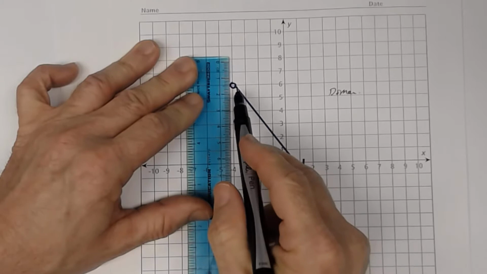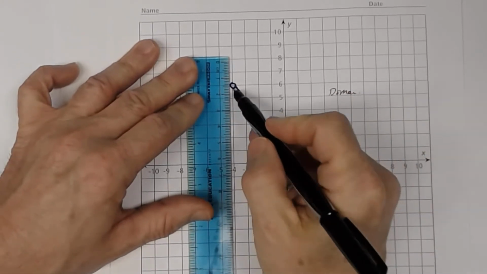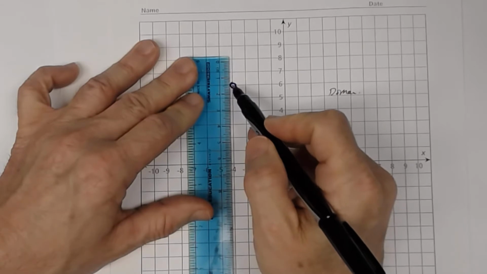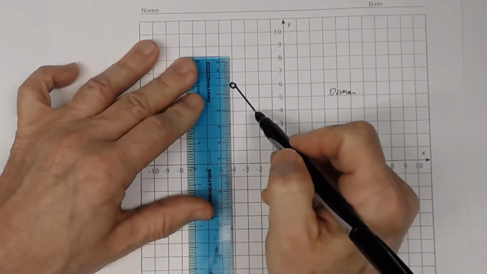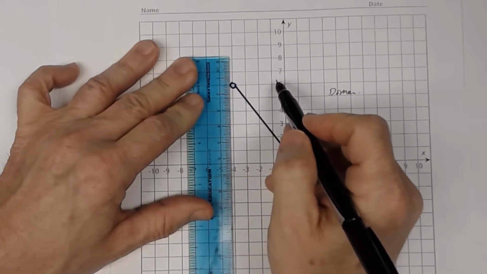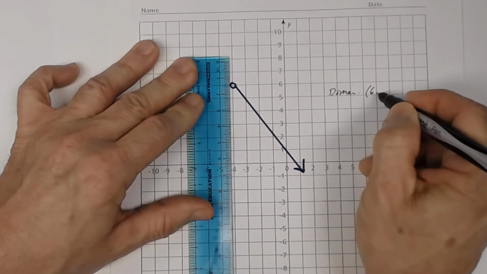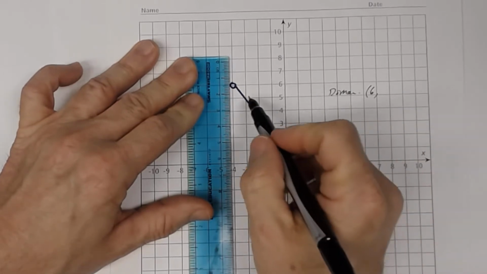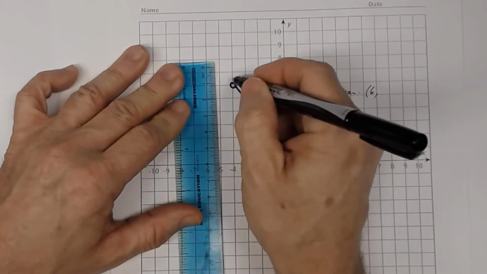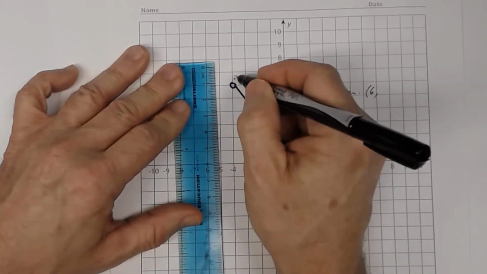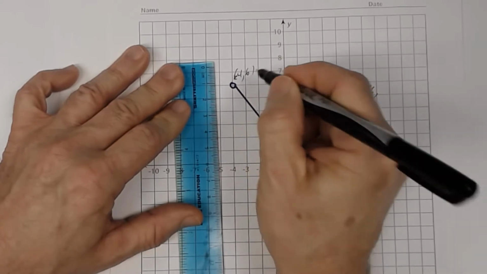So that means that for my domain, even though this is an open circle, which means it's not part of the graph, I still must use the -4 right here. But I need to put that in parentheses. So my domain is, see this point right here, even though it's not part of the graph, it's an open circle. That open circle represents the point (-4, 6).